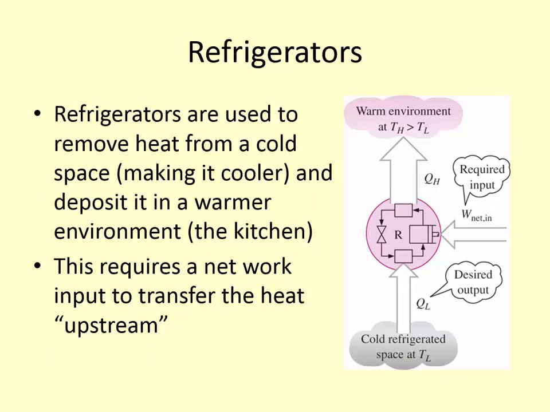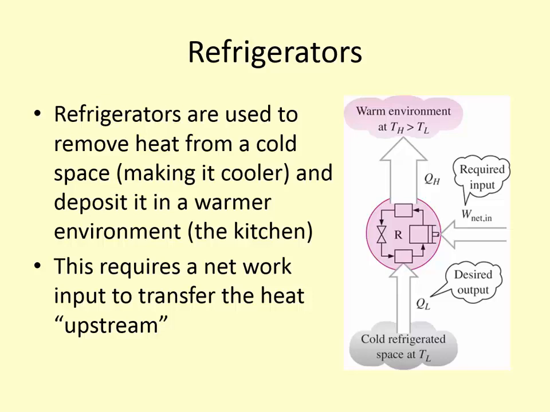A refrigerator is similar in that it operates between a warm environment and a cold environment, or a heat source and a heat sink. But in this case, we're using a net work input to reverse the flow of heat. So ordinarily, heat would flow from the warm environment towards the cold environment. But if we want to reverse that, we have to use work in order to make the heat flow upstream, or uphill, if you will.